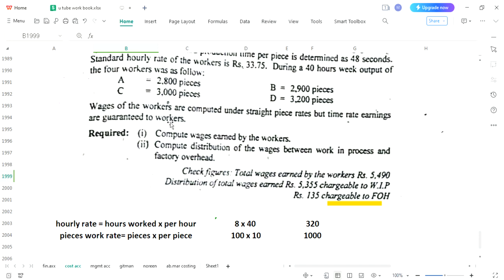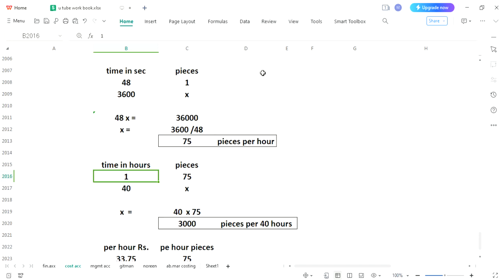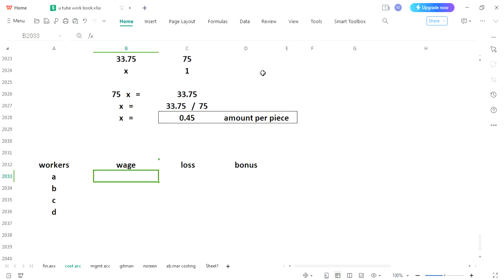It means the worker who will work for 40 hours, he would be paid according to the rate. And rate is mentioned over here. Standard hourly rate of the worker is 33.75. So in other words, every worker would get wage for the 40 hours they have worked, and per hour is mentioned 33.75. This is according to time rate method.